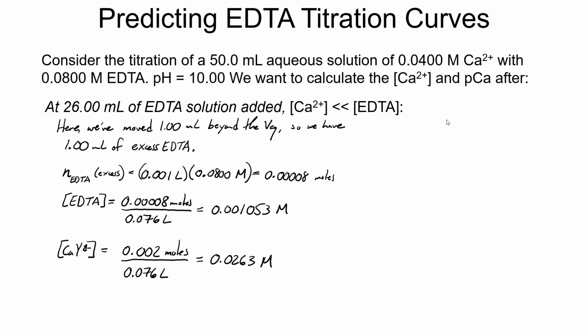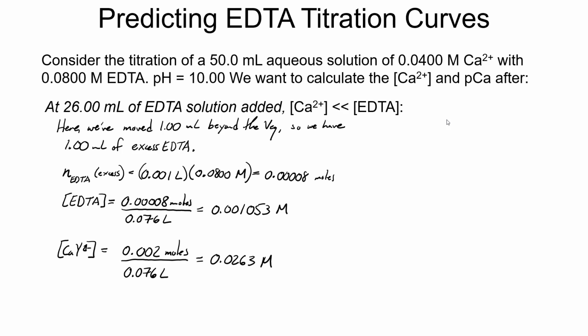However, we're continuously adding fresh EDTA if we've gone past the equivalence point, and as a result the concentration of free EDTA in the solution is significantly greater than the concentration of calcium. So in this particular example, where we've added 26 mL of EDTA solution, we've moved 1 milliliter beyond the equivalence point, so we have added 1 milliliter of excess EDTA solution.